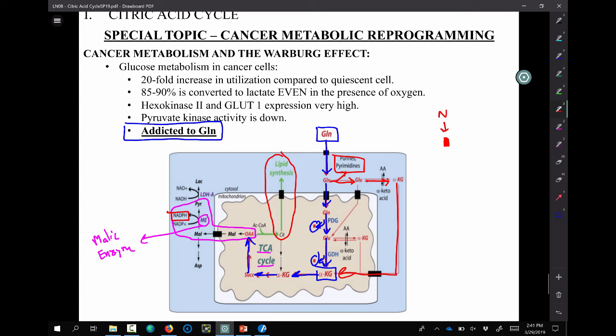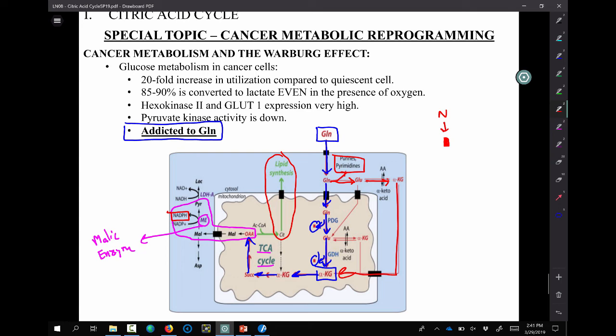So genetic expression, of course, changes for cancer cells as well. You have increased expression of glutamine transporters, increased expression of enzymes that carry out glutamine metabolism too. Okay, I think that that's it for cancer for now. We will actually come back and talk a little bit more about cancer and make some more connections as we go on throughout the class.